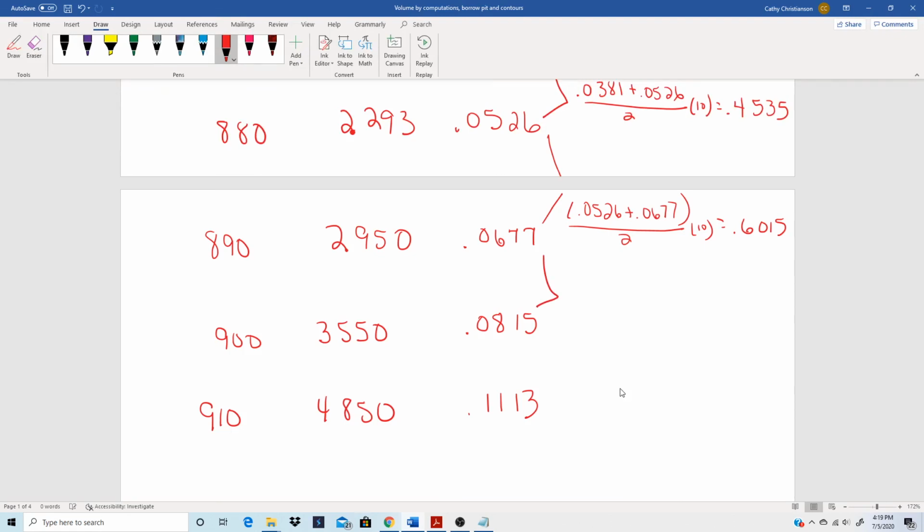Got 2 more calculations left and we're done. So 0.0677 plus 0.0815 divided by 2 times 10. I could have noticed that 2 divided by 10 would be 5, and that could have made it a little easier.